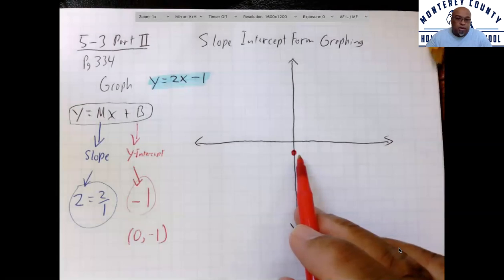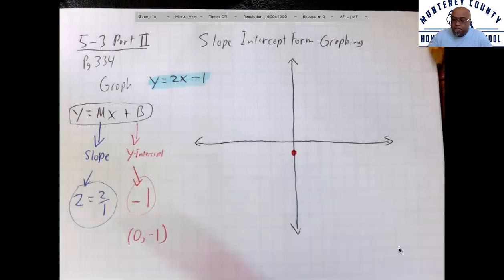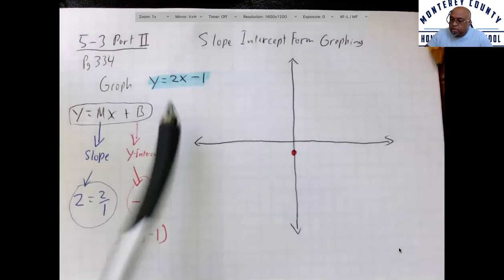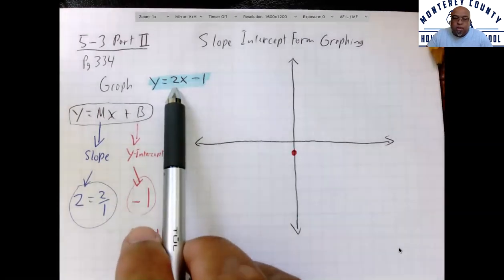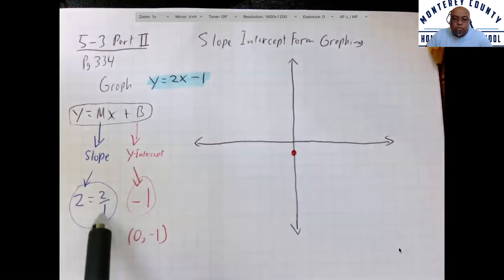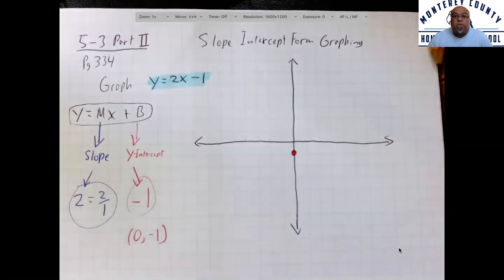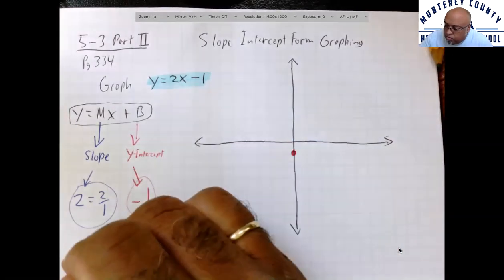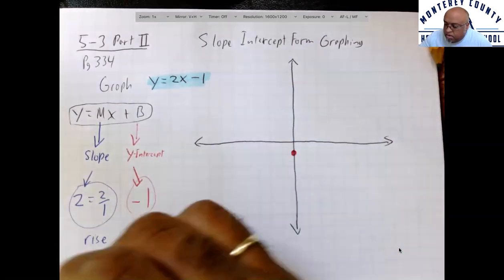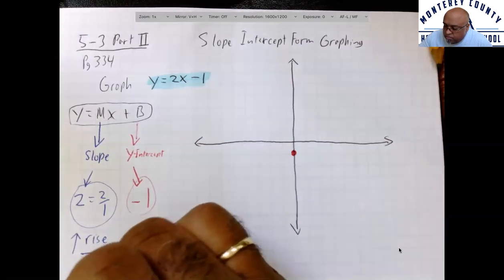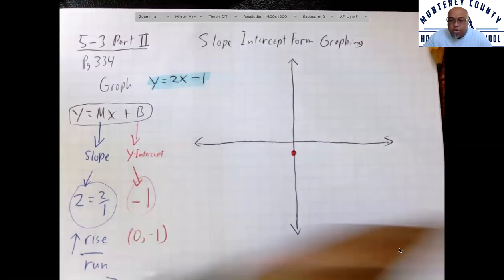Well, again, I could do a table of values, but let's take a look at the slope. The slope is 2, and 2 can be defined as 2 over 1. Remember, any whole number can be written as a fraction over 1. Now, my slope is defined as rise, my upward change, over run, my horizontal change.